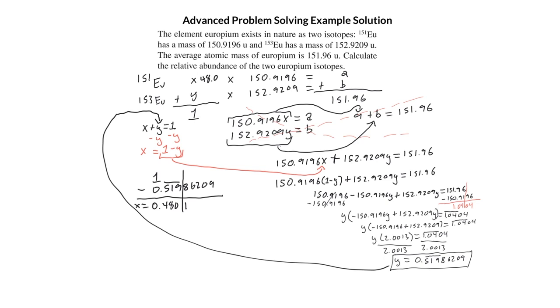Y is 51 point... I didn't do my sig figs right. x is 48.0% abundant, and y is 52.0% abundant. And there we have our answer.